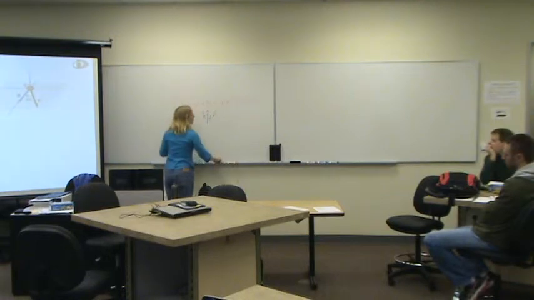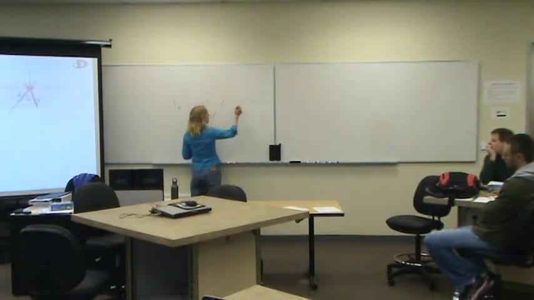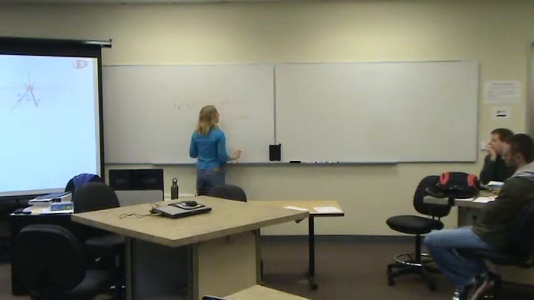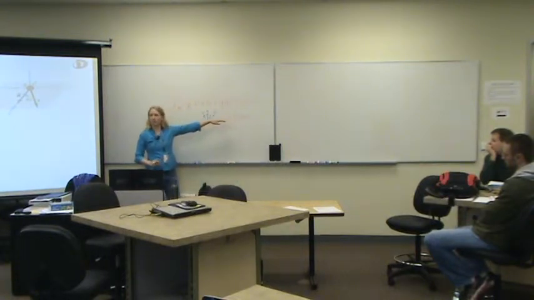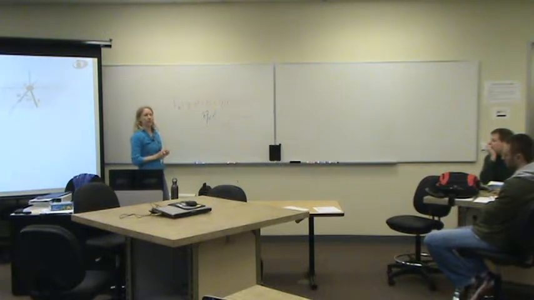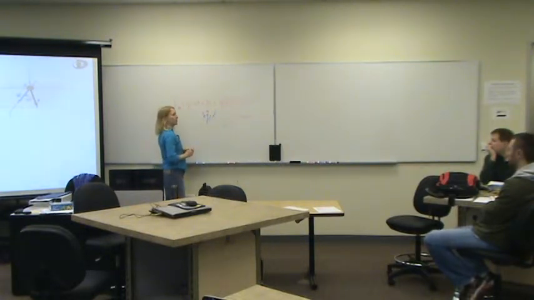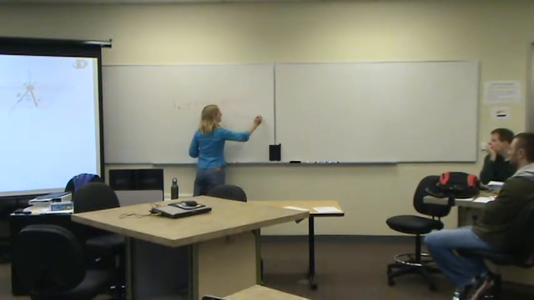When we see this vB sine theta, the sine theta is actually associated with the velocity term. So v sine theta is a vector component. Based on this picture, which vector component would that be? The x component. Yeah, v sub x.